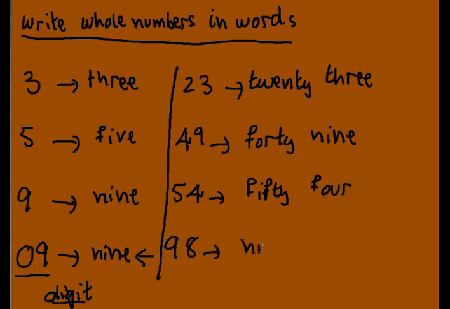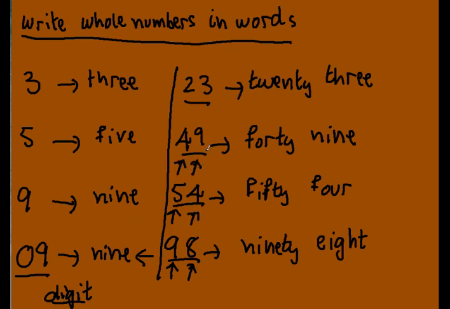And you would read this as 98. Now, that's how you would read a two-digit number. So that means you have two digits in there, a 9 and an 8. So that's two digits, a 5 and a 4, two digits, a 4 and a 9, two digits, and so on.